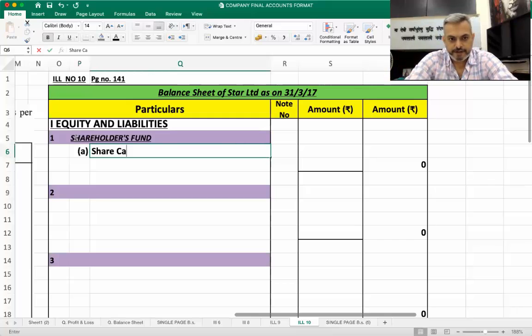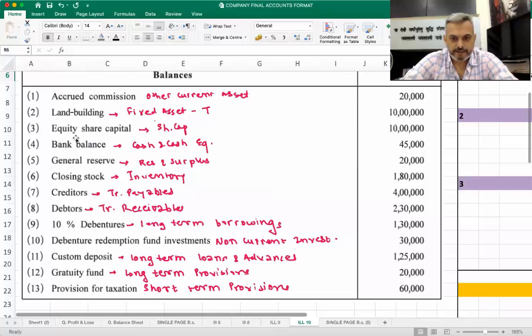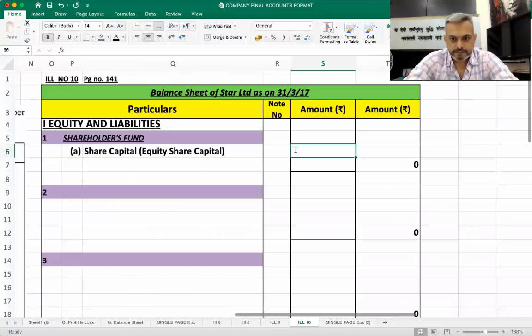We have share capital. Now in this we have equity share capital. So let's check. Equity share capital is 10 lakhs. One more zero.